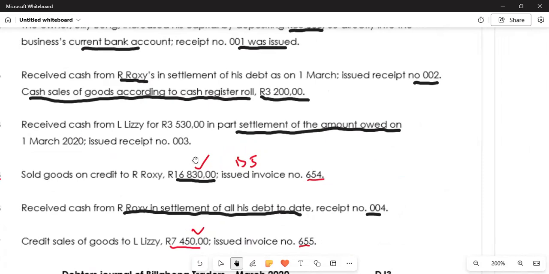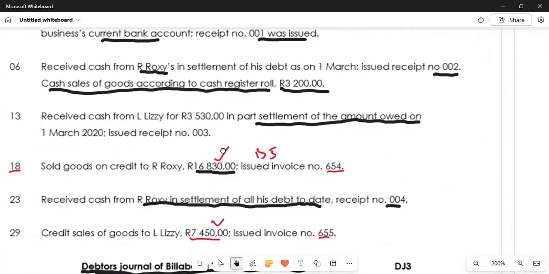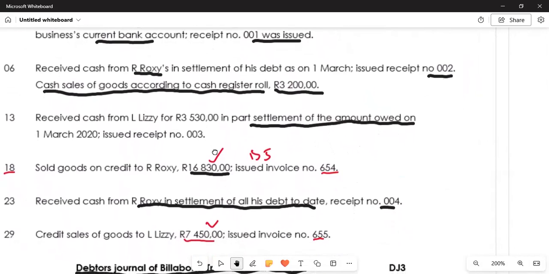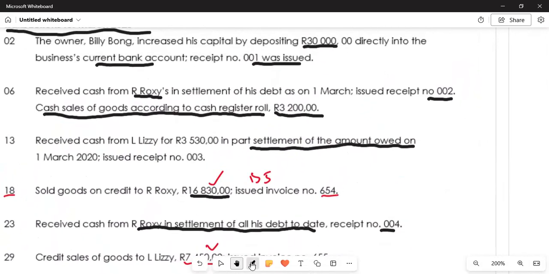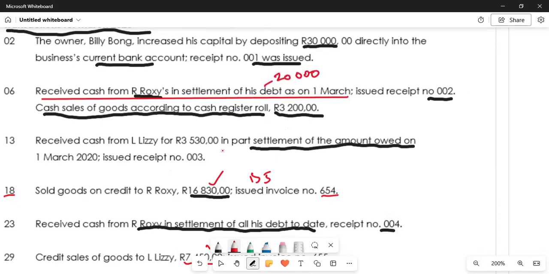As you can see on the 6th, it is written like this: received cash from Roxy in settlement of his debt. What was his debt on 1 March? His debt on 1 March is 20,000.